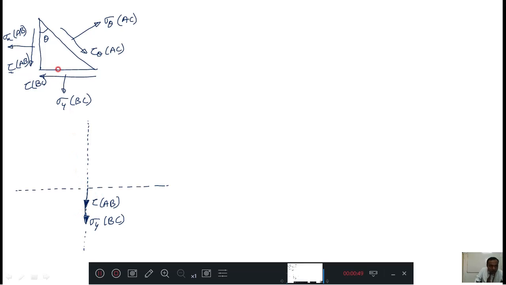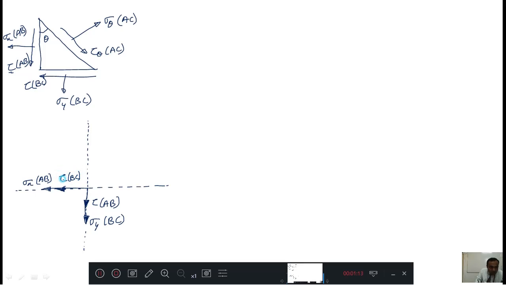Next, sigma x is acting horizontal, sigma x into AB. This tau is acting horizontal, that tau is acting horizontal. Therefore, this is tau into BC.